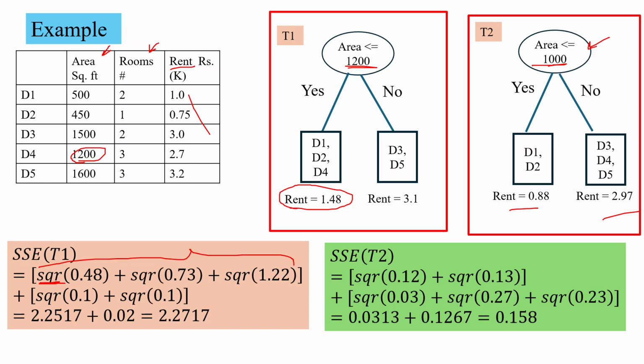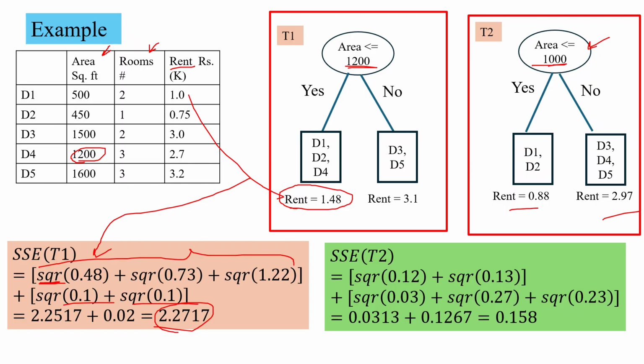The difference of 1 and 1.48 comes in here. Similarly, the difference of 0.75 and 1.48 comes here, and the difference of 2.7 and 1.48 comes here. So this is the left leaf. Then for the right leaf, the difference of 3 and 3.1 is 0.1. The difference of 3.2 and 3.1 is again 0.1. So this is the sum squared error of T1.